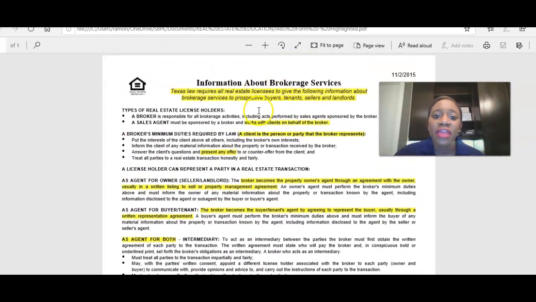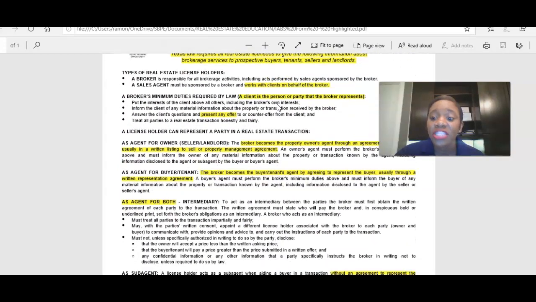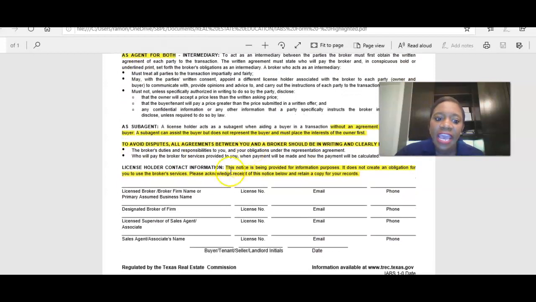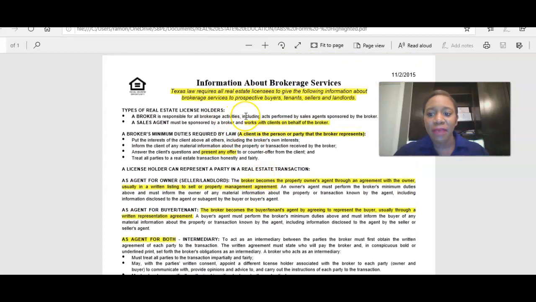It just lets you know that by law they had to give you this information and explain the roles to you. And then it'll have this information filled in, the broker's license number, the supervisors, the agents, and then on the bottom you just initial. Even if you're a buyer or a tenant, you would need to initial this and put a date on it. So that's information about brokerage services.